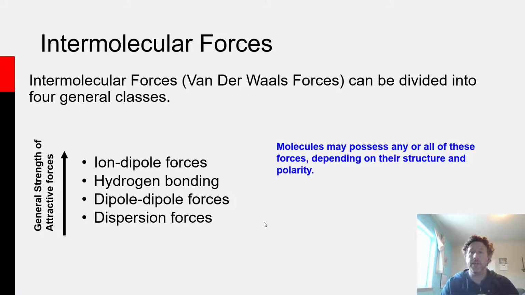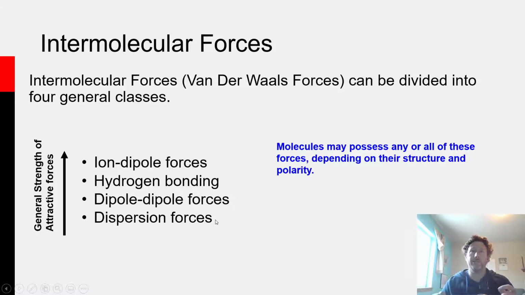The other thing to keep in mind is that molecules can possess any or all of these forces depending on their structure and polarity. The more polar they are, the more likely they are to be able to access the strongest of these three intermolecular forces, which is hydrogen bonding. But even polar molecules that can hydrogen bond also have dipole-dipole forces and dispersion forces.